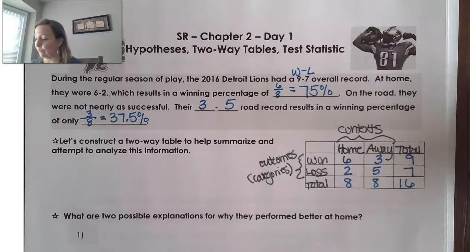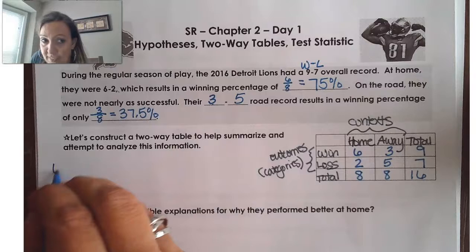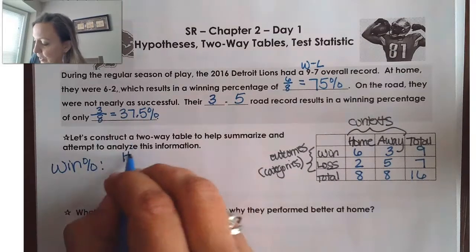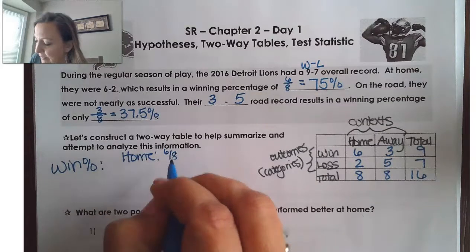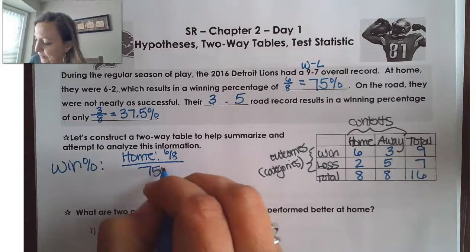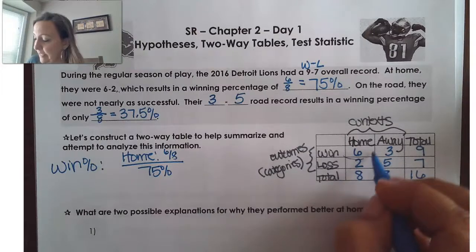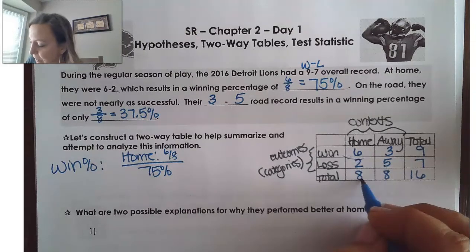And so again, if we wanted to analyze this information, we could, like we did in the paragraph, compare the winning percentages. Just like we saw up here, the home was 6 out of 8, which is 75%. So again, we take the successes that we see in the top row over the total that we see in the bottom row.